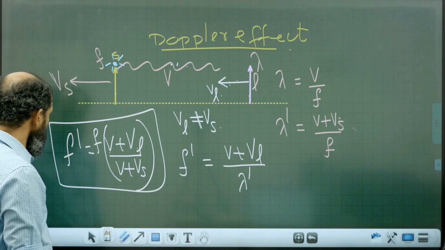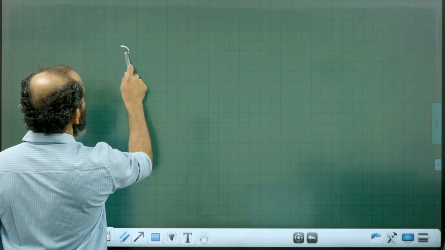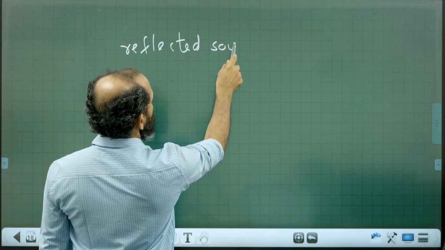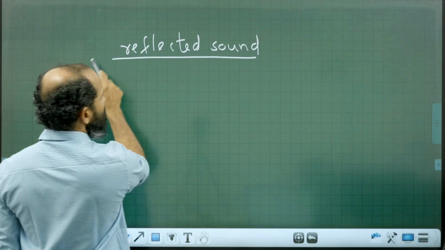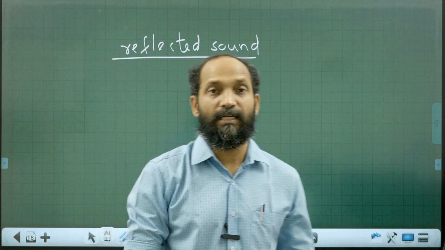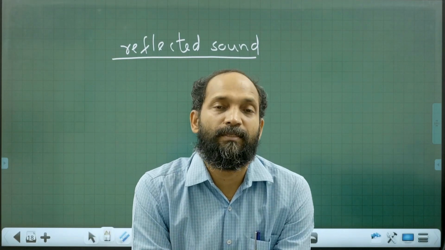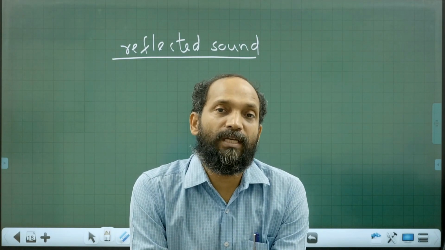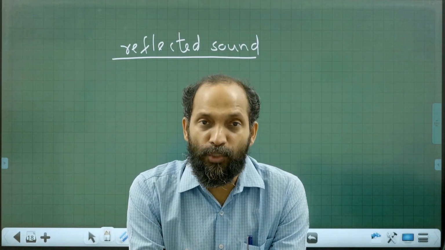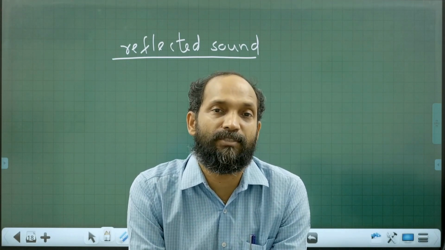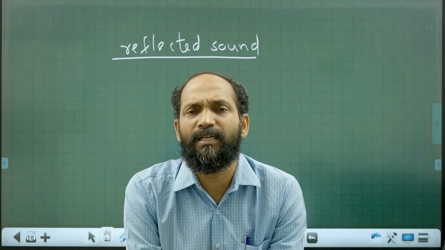Now, Doppler effect in reflected sound. Whenever Doppler effect in sound is learned, you should not avoid this one. It's very important. While the Doppler effect is happening, if the source is moving, the wavelength changes. If the source is not moving, the wavelength does not change, but the frequency changes.